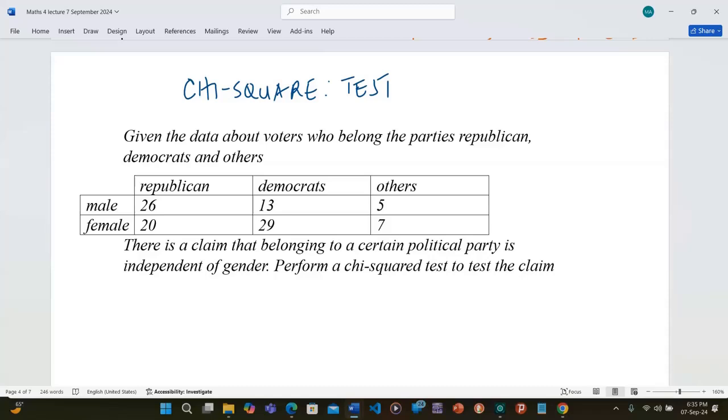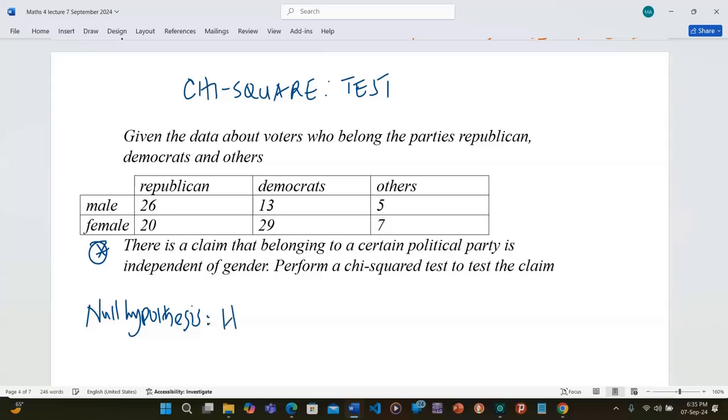Now we have to look at what is the null hypothesis. The null hypothesis is always obtained from that statement. So there is a claim that belonging to a certain political party is independent of gender.